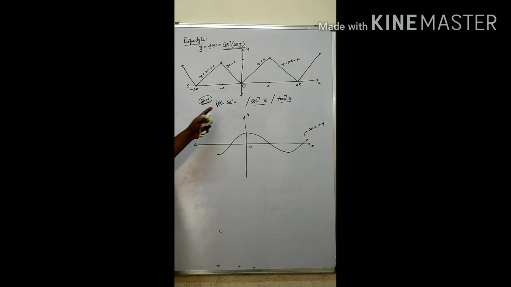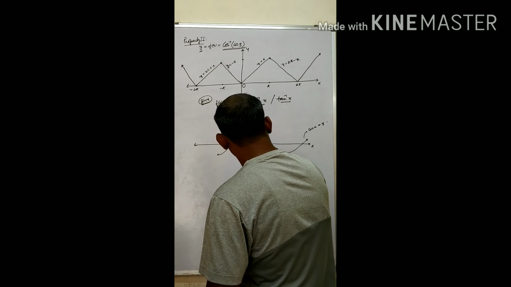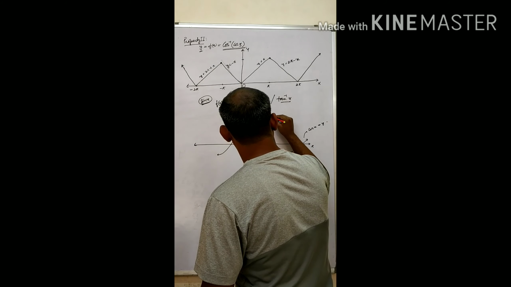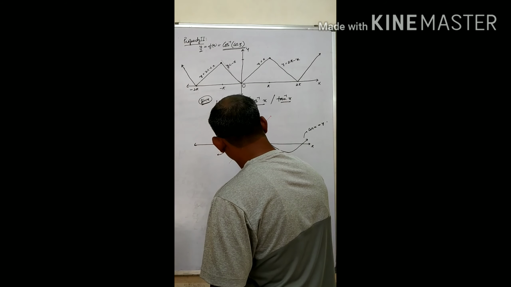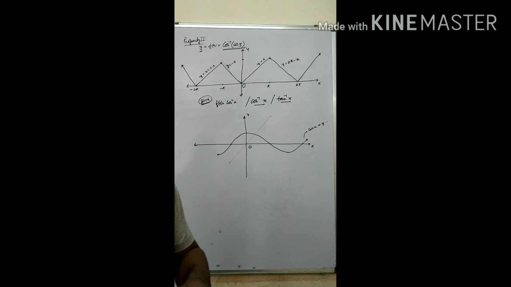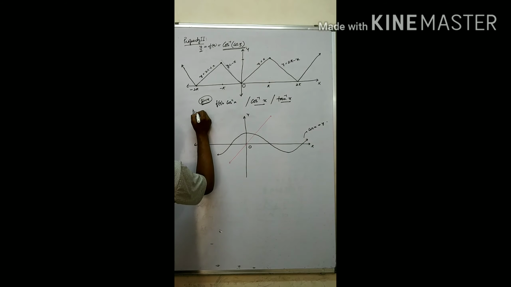We are interested in cos inverse of x. So we'll take the image of this graph on the line y equal to x. So let me draw y equal to x first. Again, we'll notice that the domain of the function is minus 1 to 1, and the range of the function is from 0 to pi.